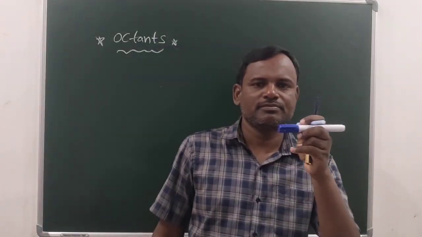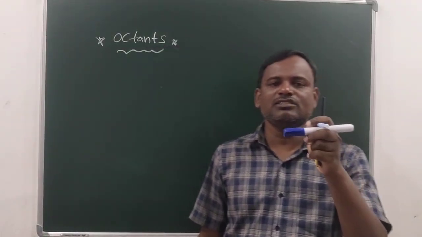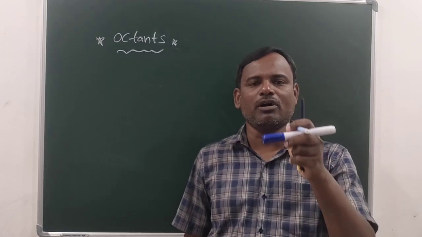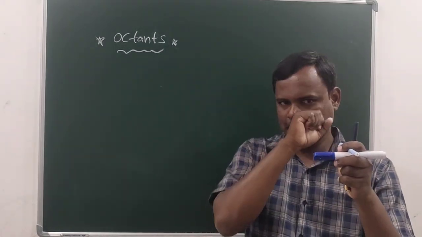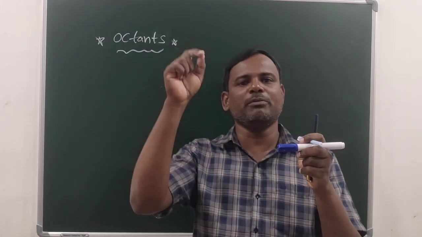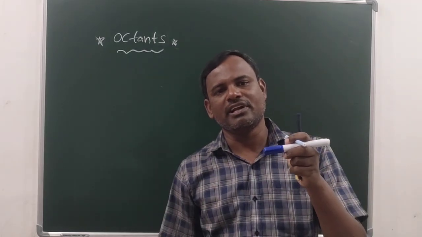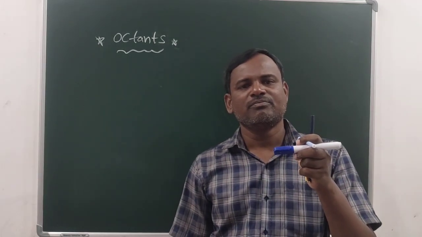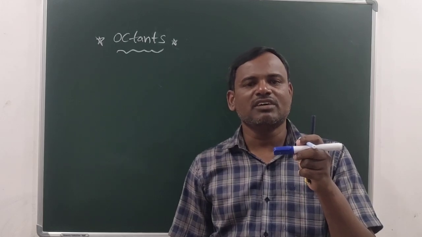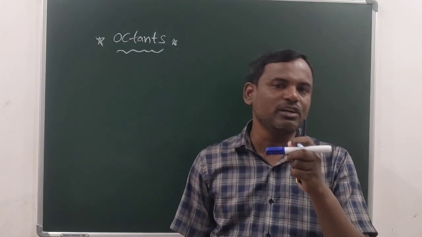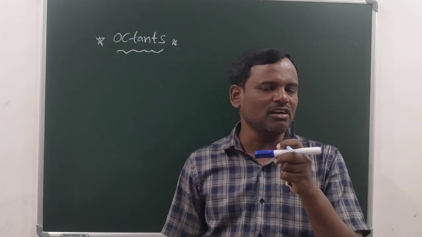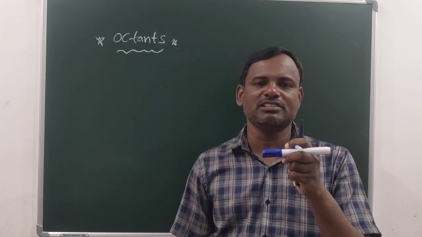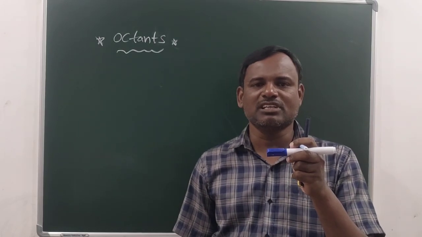Okay, students. Now, let us know the signs of a point which belongs to these 8 octants. You know, in 2D geometry, if a point belongs to the first quadrant, the signs of that point are plus, plus. In the second quadrant, minus, plus. In the third quadrant, minus, minus. In the fourth quadrant, plus, minus.